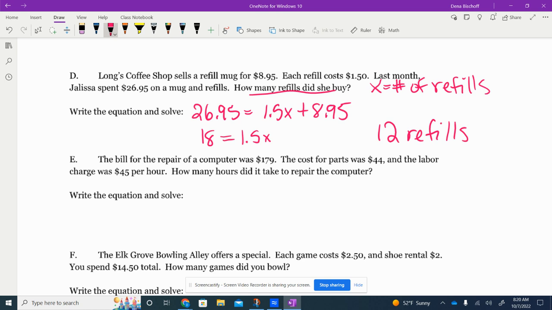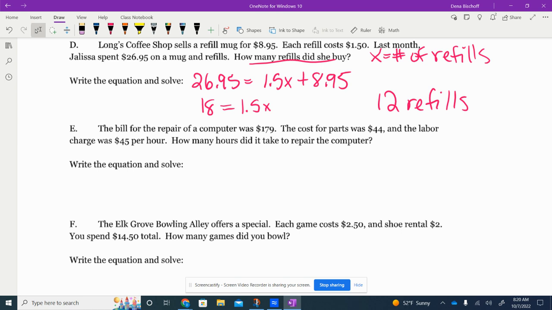Okay. E. The bill for the repair of a computer was $179. That's the total bill. The cost for the part was $44 and the labor was $45 per, that's my slope, per hour. How many hours did it take?